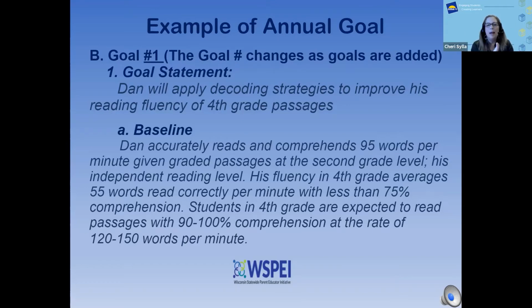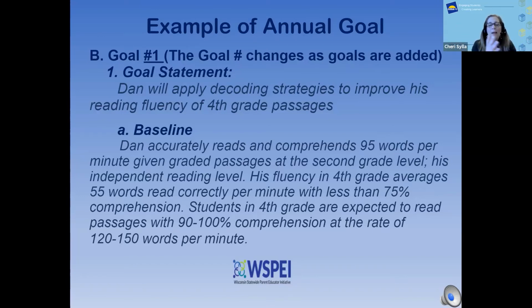So currently Dan reads 95 words per minute at a 2nd grade level, which is his independent level. At 4th grade level, he only reads 55 words per minute read correctly with only 75% comprehension. So significantly less at his 4th grade level compared to his independent reading level, which is at 95, but it's a 2nd grade. So we've got information in here.